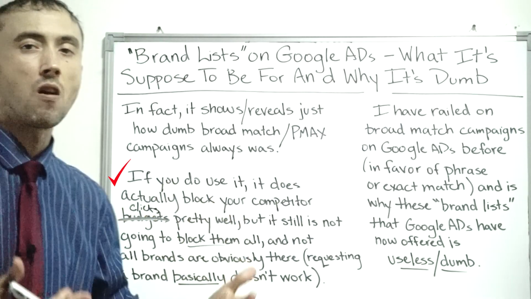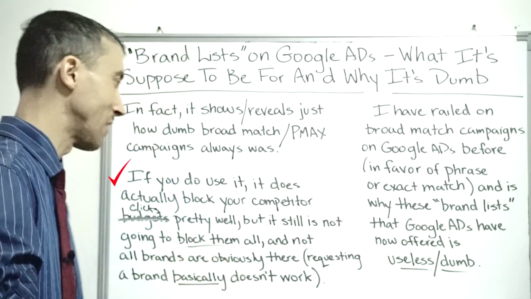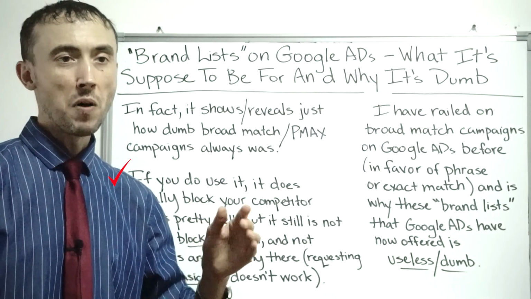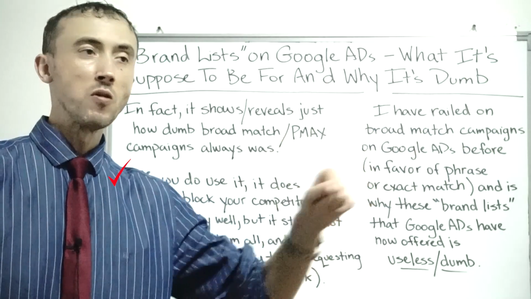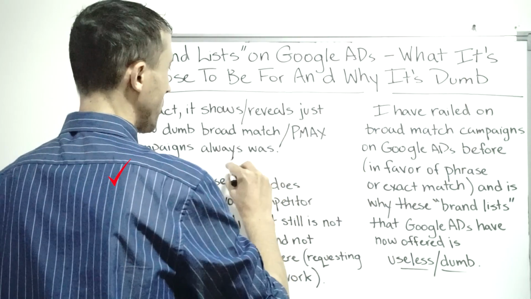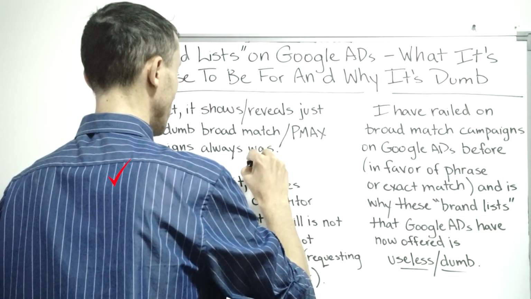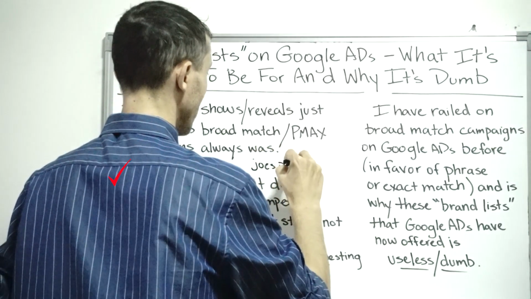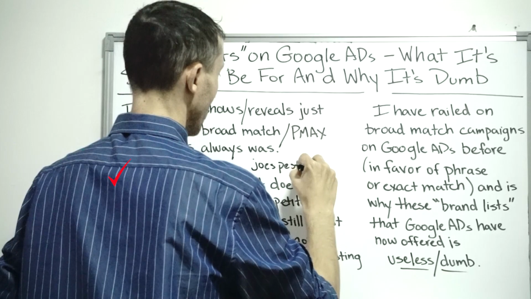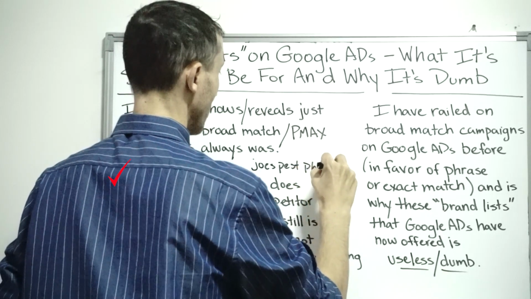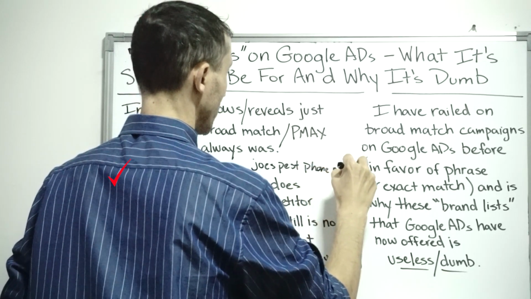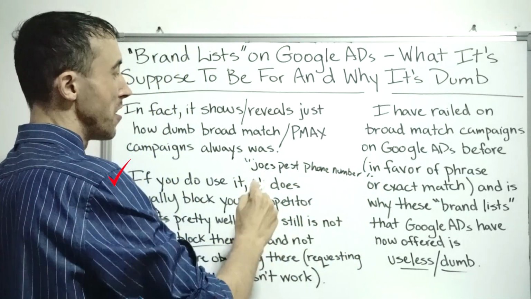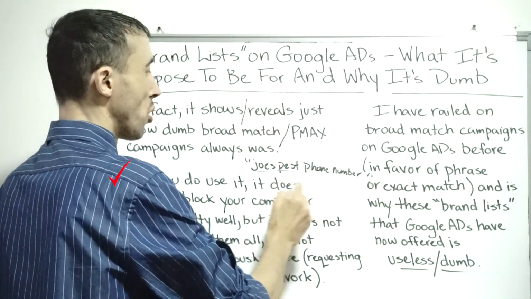And where it could be useful, it's not even doing anything. It could block the long tail competitor searches, and it doesn't. Where they're typing in a competitor name and then the words phone number. It'd be useful if it would block a term like, if your competitor name was Joe's Pest, Joe's Pest phone number.